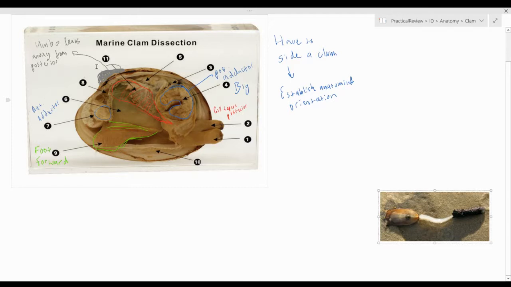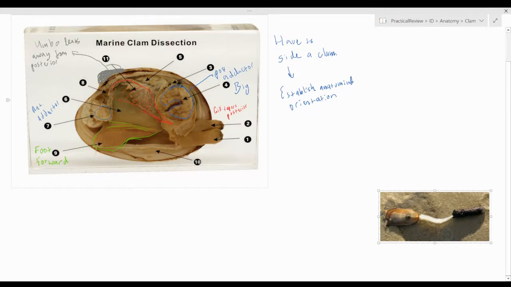And the umbo, which is the bulge at the hinge of the clam, is pointed a little bit in most bivalves, not all of them, but in this clam, which I'm pretty sure is a quahog, it leans for us. So whichever way it is leaning, it leans away from the posterior and toward the anterior.